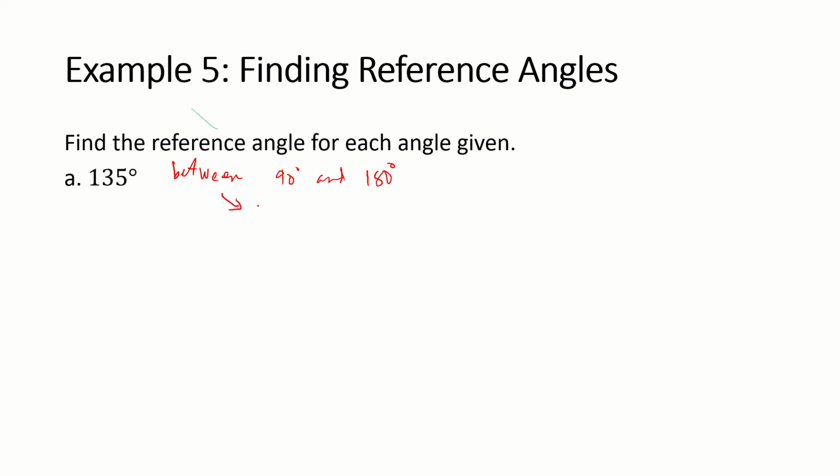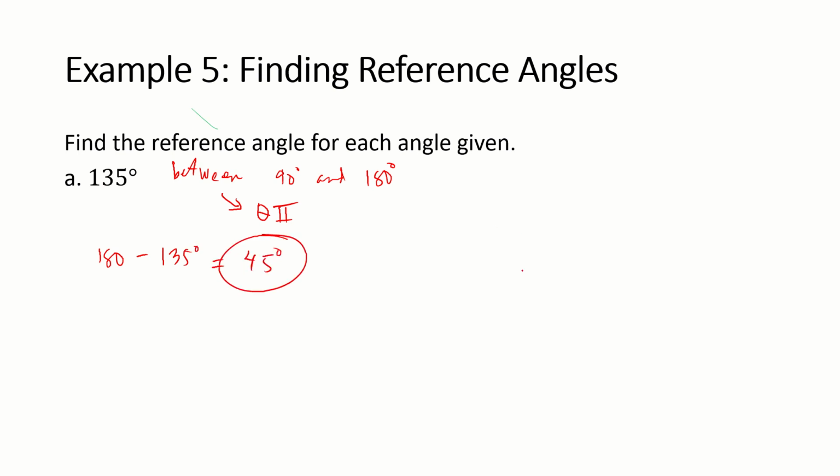That means it's in quadrant 2. If it is in quadrant 2, you just have to subtract the given angle measurement from 180. So 180 minus 135 degrees, the answer is 45 degrees.